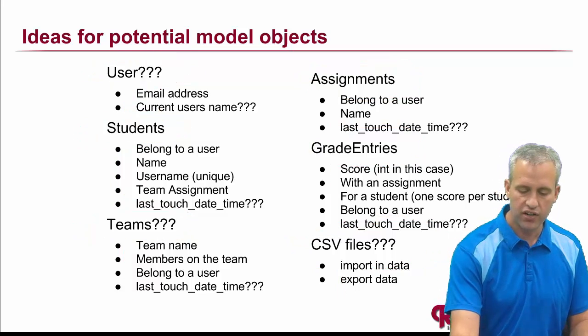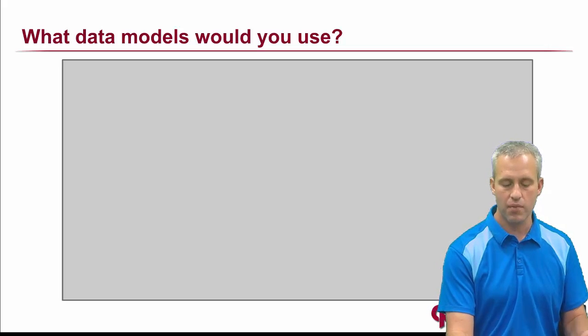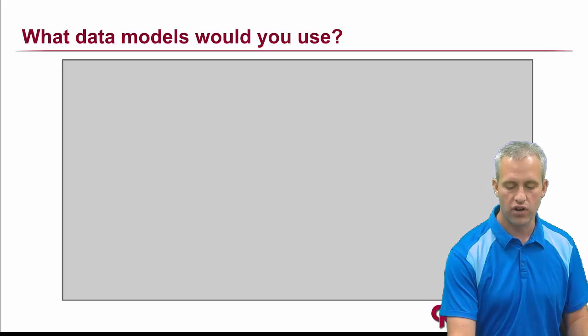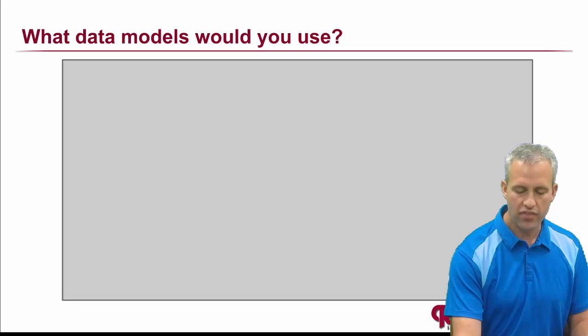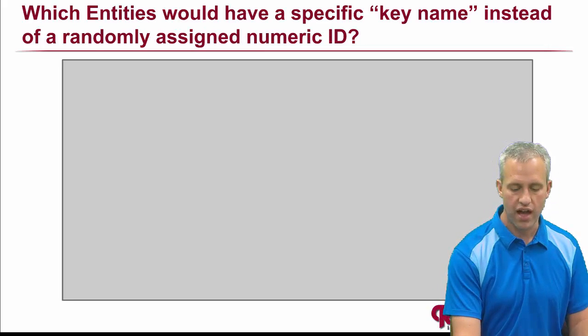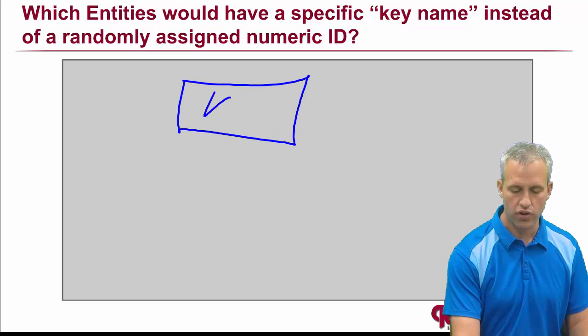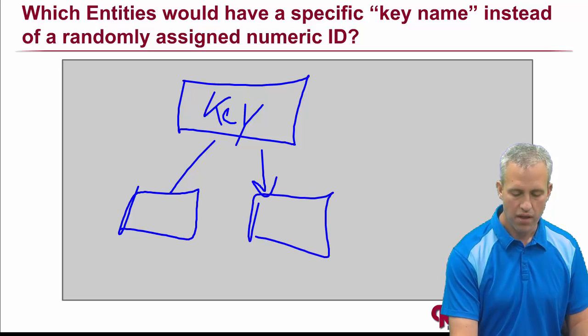Then I'd like for you to go a step farther and think about the keys themselves, right? What are the data models you'd use? If you're a programmer, this is basically a UML diagram, right? And then the things that make it specific to App Engine is what is the hierarchy going to be? If you were to draw a key, what children would it have? Maybe the children have children.